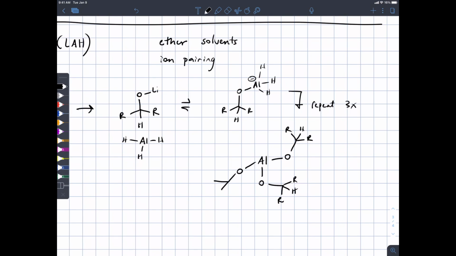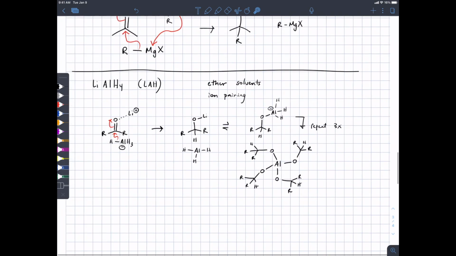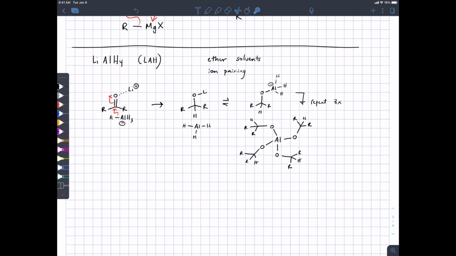Now, I don't know in practice, because I've never done a LiAlH4 reduction, whether you use a sub-stoichiometric amount, because one equivalent of the lithium aluminum hydride will reduce 4 equivalents of ketone, or whether you just use it in excess. I don't know. And of course, at this point, if you then did aqueous workup, you can allow water to replace the alkoxides, and you'll end up with your alcohol.